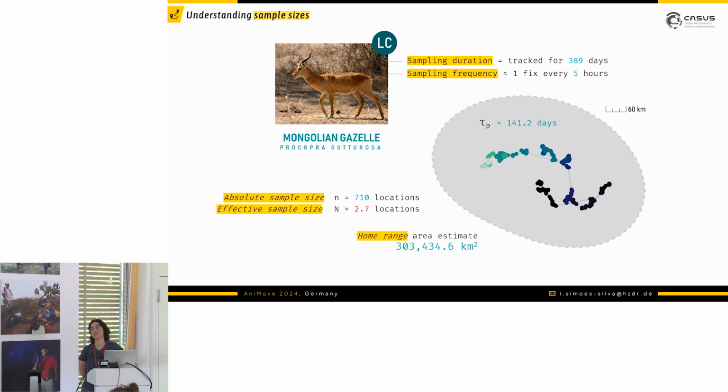So if we have this low effective sample size, when we are selecting the models, when we run the code to select the best model, is it going to select the best model for us, or do we really need to check this information and maybe do something else?